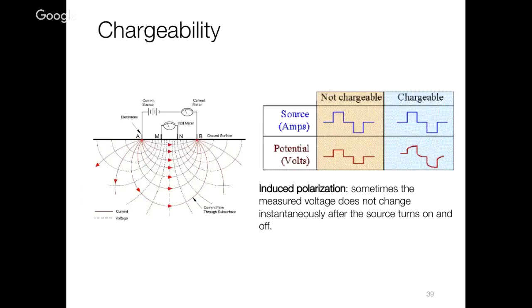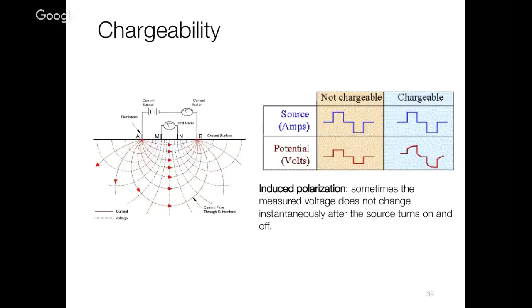The input waveform is current: it's off, goes on, stays on for a while, turns off. The electric potential that you measure looks the same, just with a different amplitude. So that's the source, and that's the data.